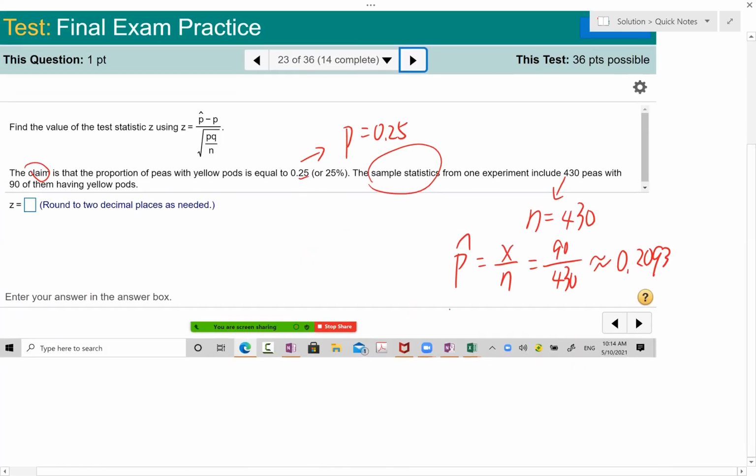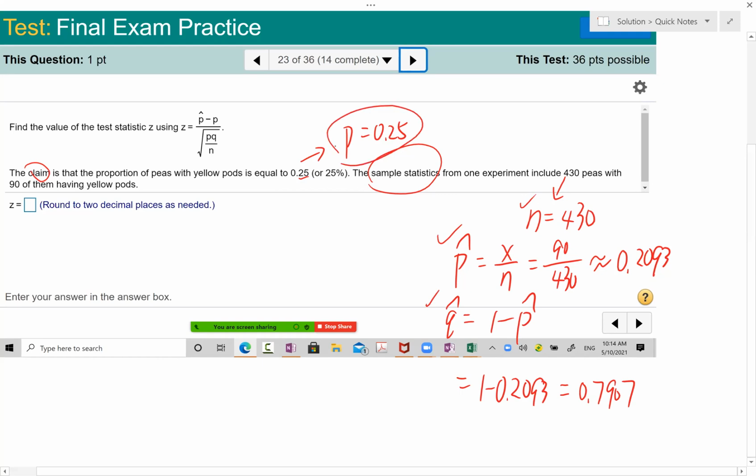And if you know p hat, you know q hat. q hat is 1 minus p hat, so it's 1 minus 0.2093, which is 0.7907. So we know p hat, q hat, the sample size, and we know p as well.